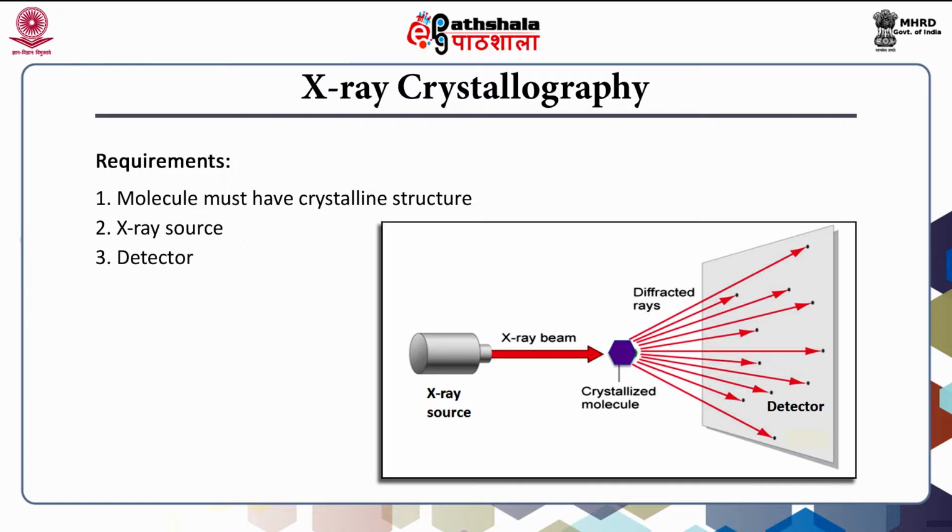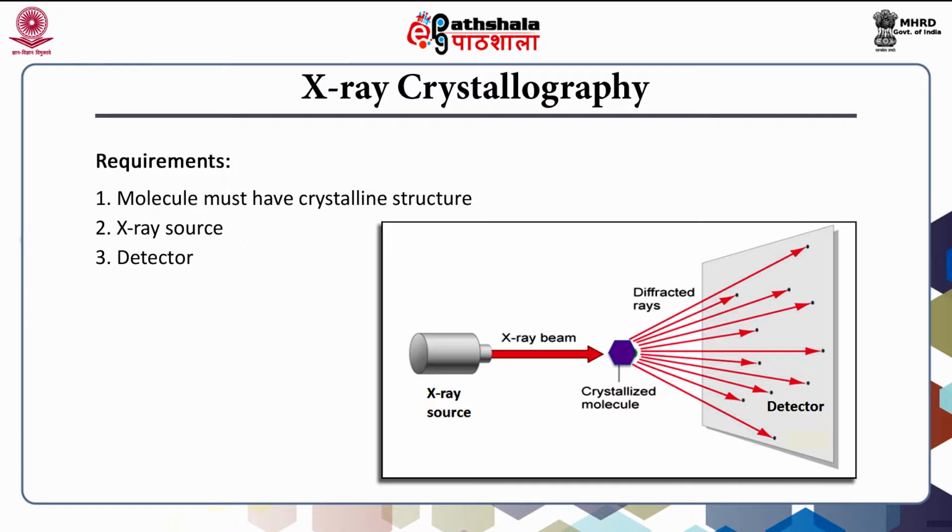Here you can see the X-ray source giving X-rays. The X-ray beams are hitting a crystal made up of either protein or any biopolymer, and you can see this colorful diffraction pattern of the beams, and those beams are hitting the detector. All these three requirements are needed for performing an X-ray crystallography experiment.